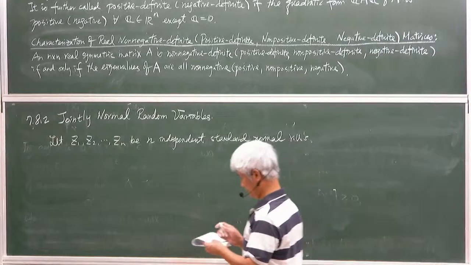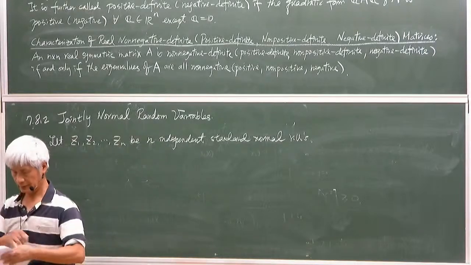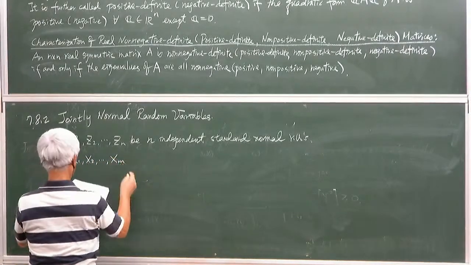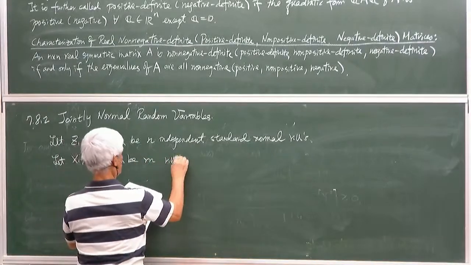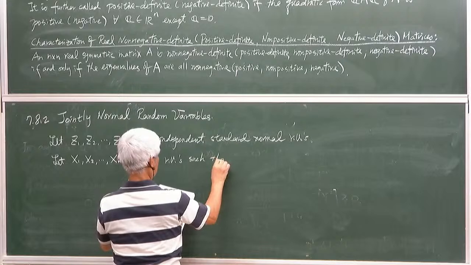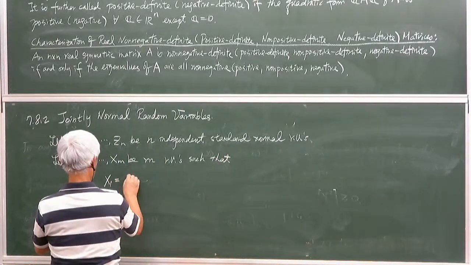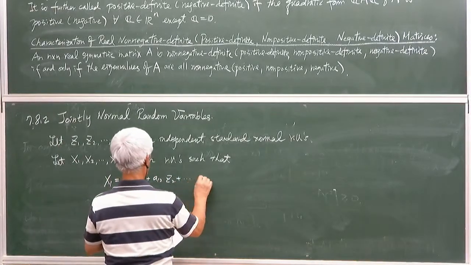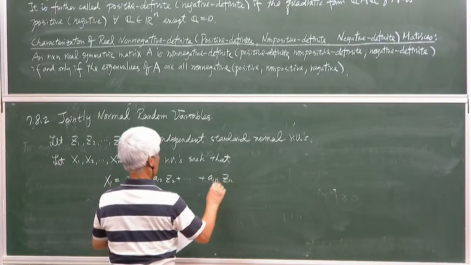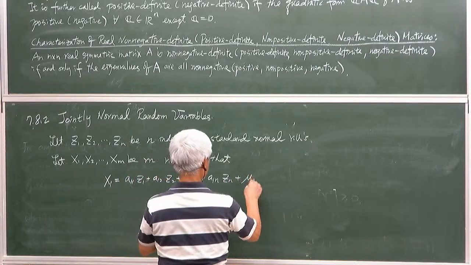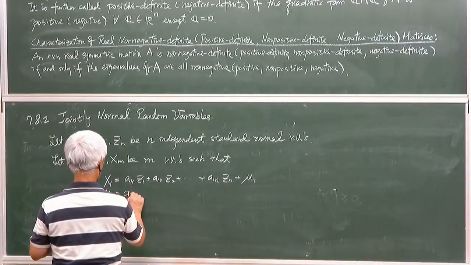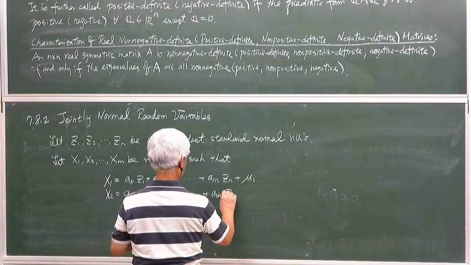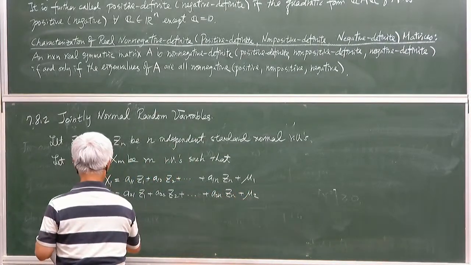And let x1, x2 up to xm be random variables such that x1 is obtained by a linear combination of these n independent standard normal random variables plus a constant mu1, x2 likewise plus mu2, etc. up to xm.